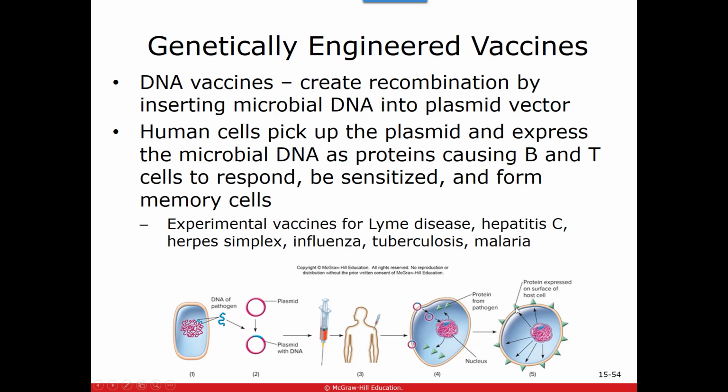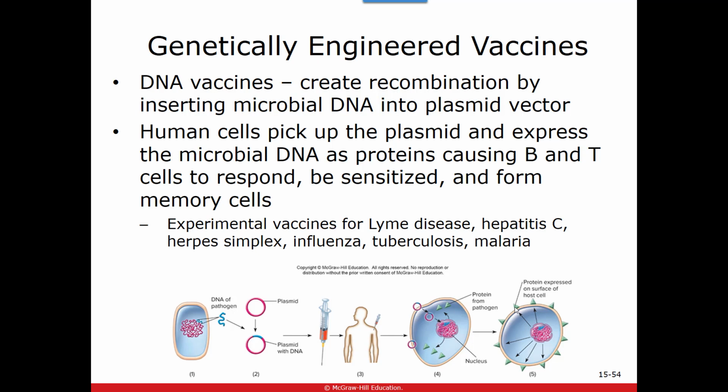Now, it is our newest area of research. Right now we have experimental vaccines. I'm hoping soon they're not in the experimental stage, but we have experimental vaccines for Lyme disease. That would be amazing living in the area of the United States we live in these days. Experimental vaccines for hepatitis, herpes, the flu. We might actually have a flu vaccine that works against all strains, even when they change.